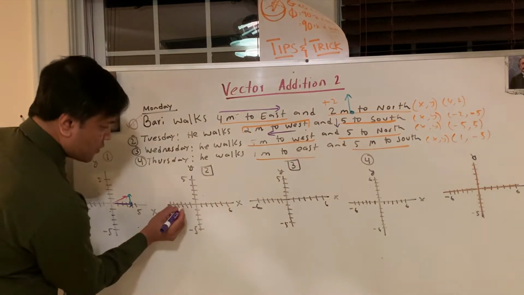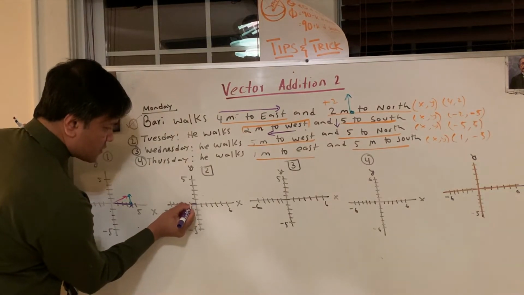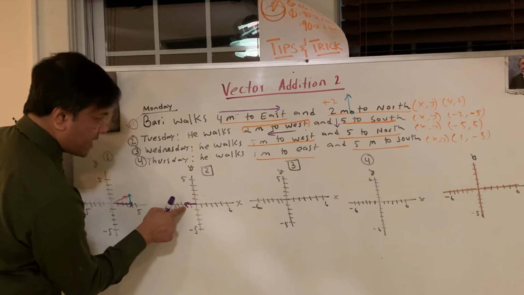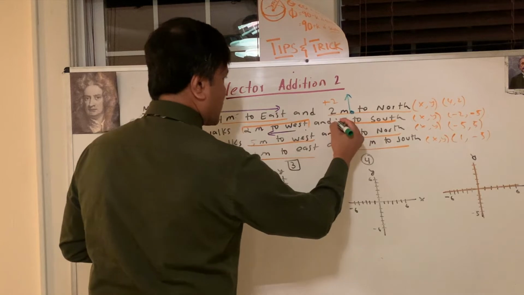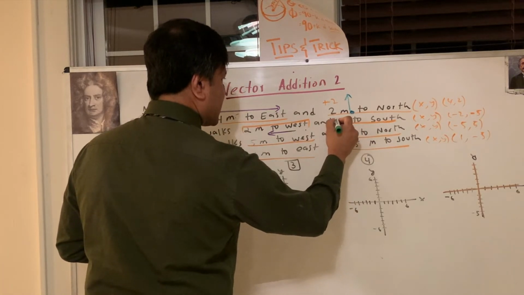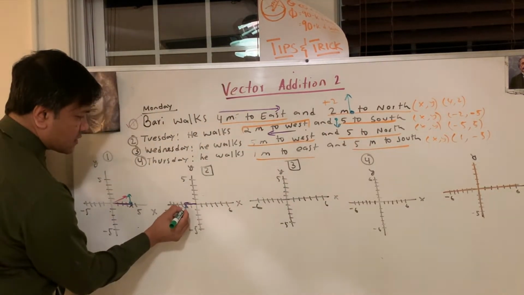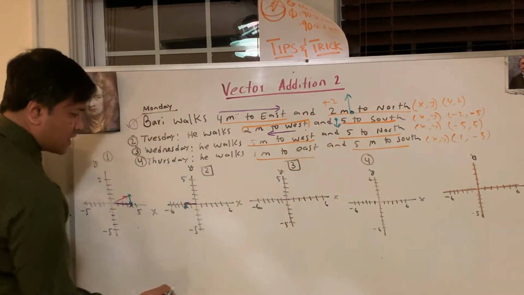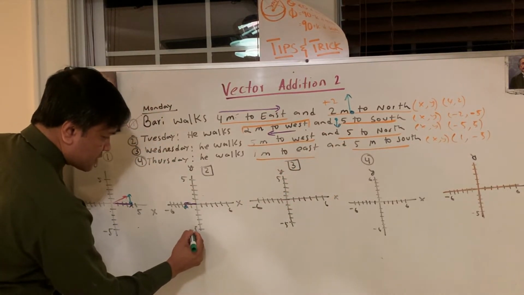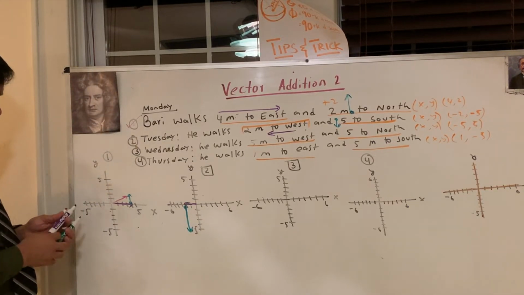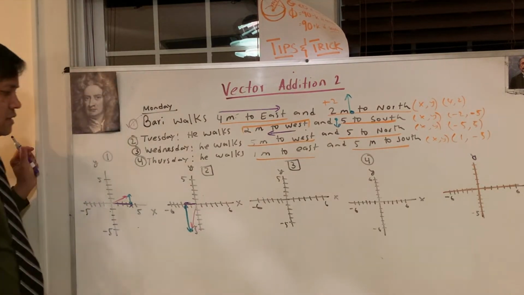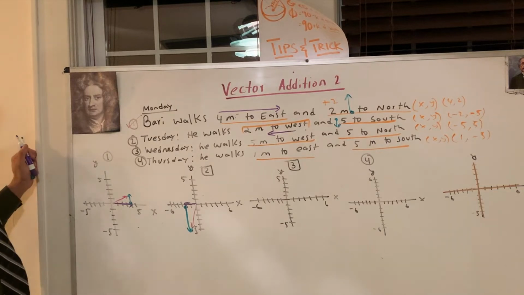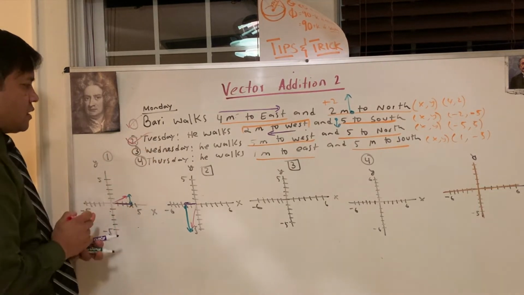Now I'm going to find the head and put the tail. This should be the green one. I'm going to put the tail on the top of the head and move 5 meter to the south. So right here. Okay. So this is the resultant, from tail to head. This is the resultant.